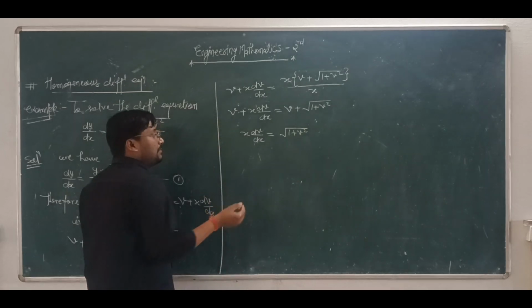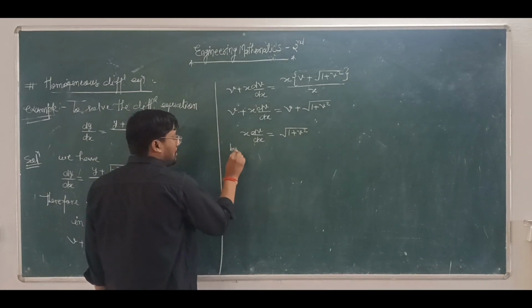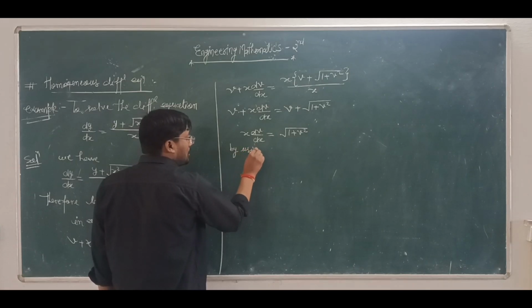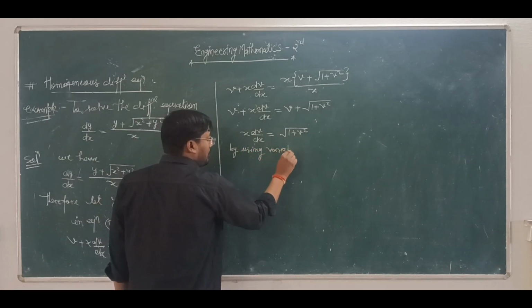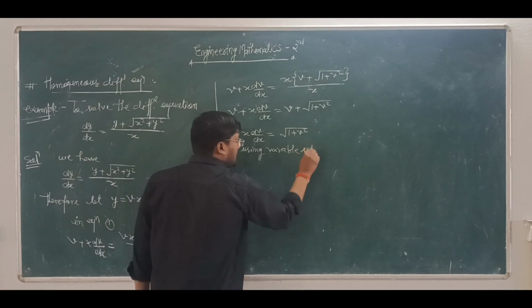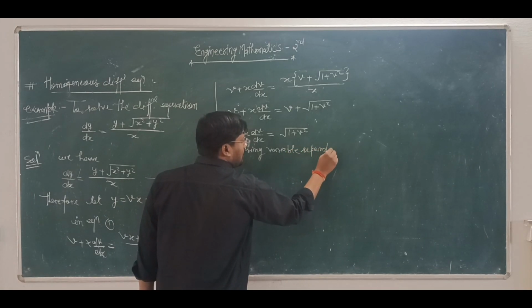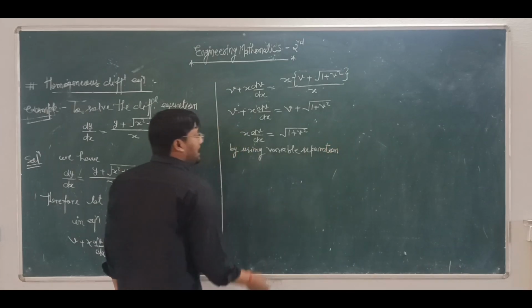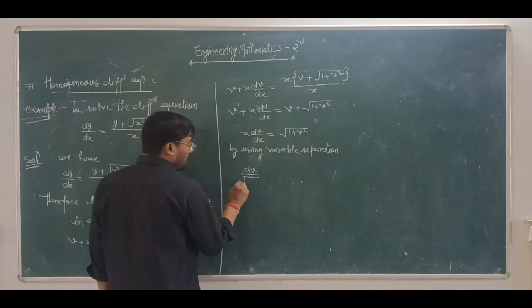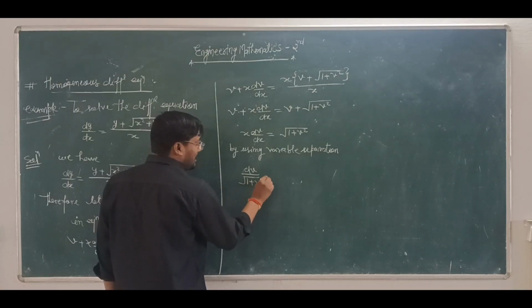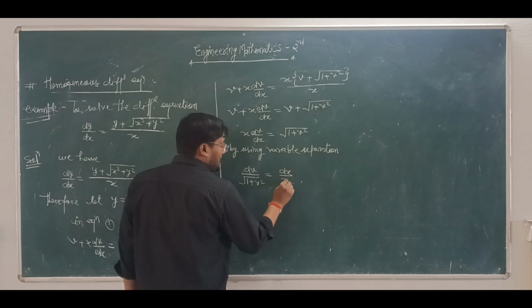Now you can write by using the variable separation method: dv upon under root 1 plus v square is equal to dx upon x.